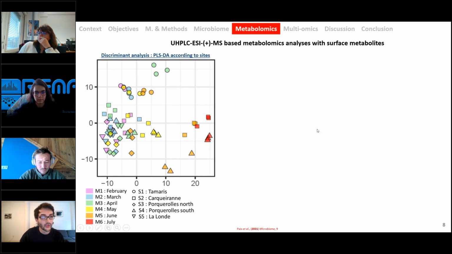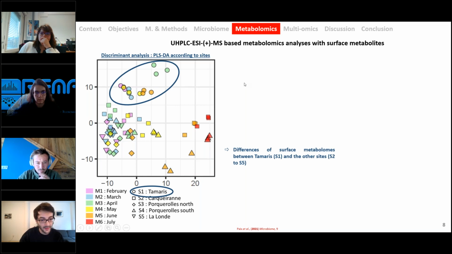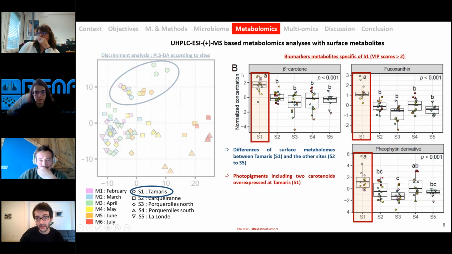When we do a discriminant analysis this time to look into the differences between the different sampling sites, we can find that the site S1, highly contaminated in copper, is quite different from the others, and there are some biomarkers which are overexpressed in this site compared to the others.